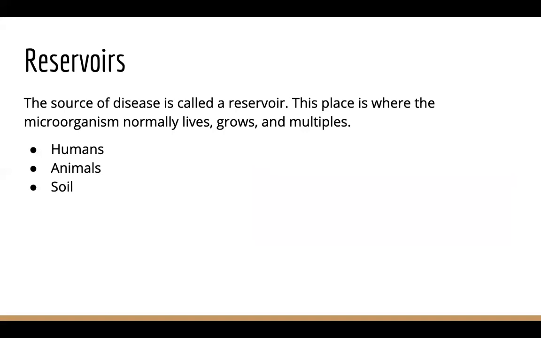Now, there are different sources of disease, which we call reservoirs. This refers to the place where a microorganism normally lives, where it grows, and where it multiplies. Humans can be a reservoir, for example, for coronavirus.